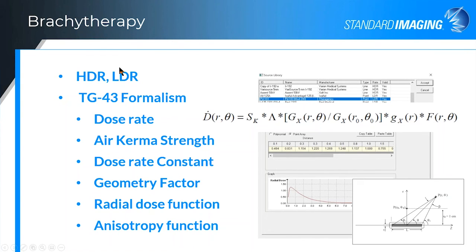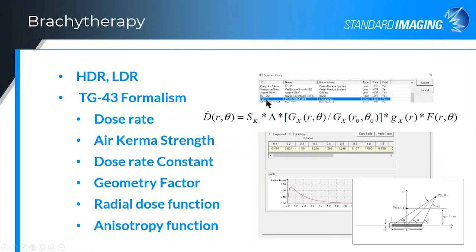We support both HDR and LDR plans, and they are supported based on the TG43 formalism shown here. And this, of course, is a screenshot showing some of the consensus data imported and also graphed for your convenience in the IMSure software, so you can check your data.